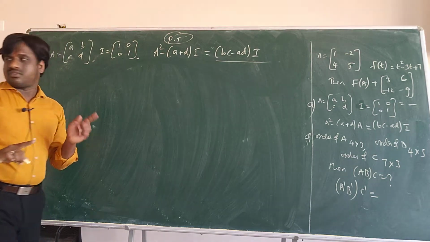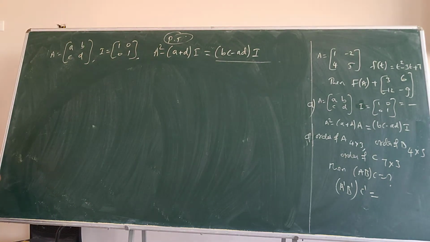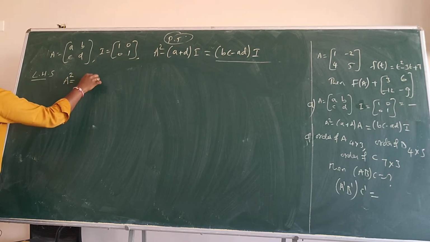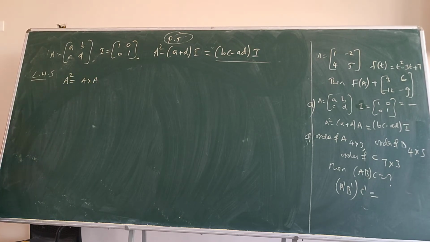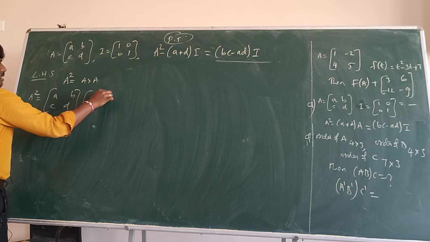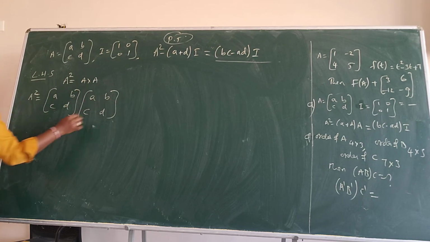Okay, I'll explain both. First we do LHS and then we'll see RHS. LHS is equal to A square. A square means A into A. First we do A square. So A square is equal to A, B, C, D into A, B, C, D. Let's multiply this.